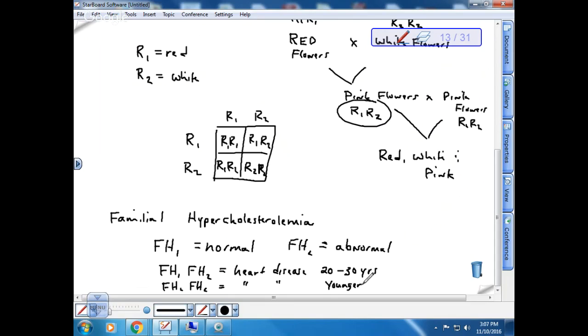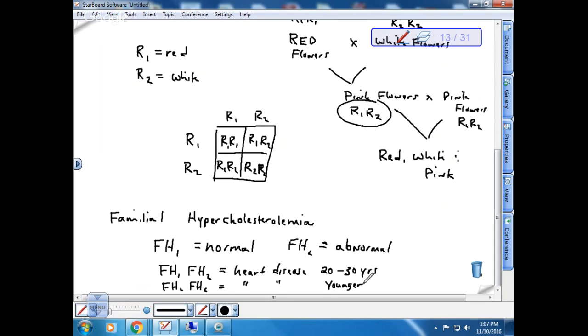And so that generally is due to this hypercholesterolemia. So this would be like in children, you could have a heart attack. I think there was a famous basketball player that died because of a massive heart attack due to his having hypercholesterolemia.